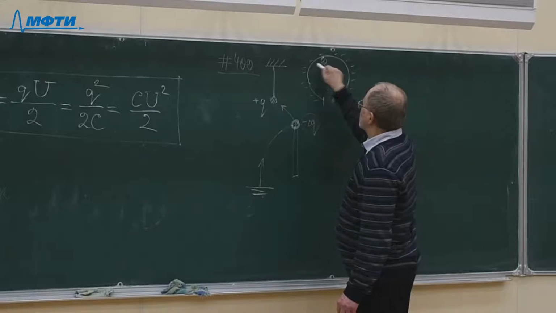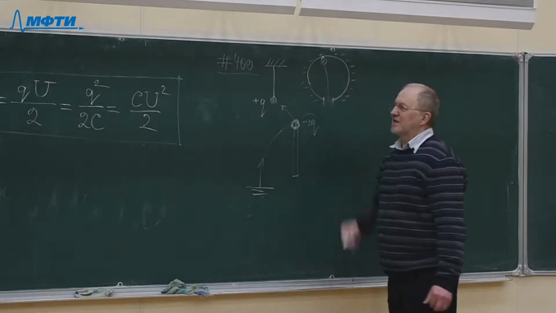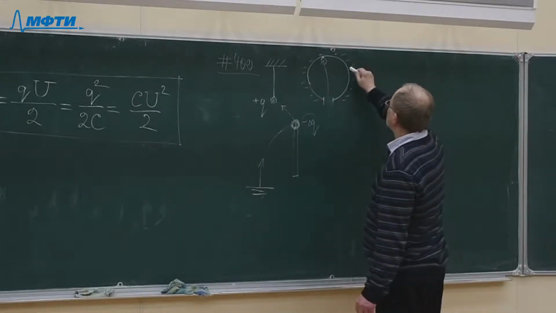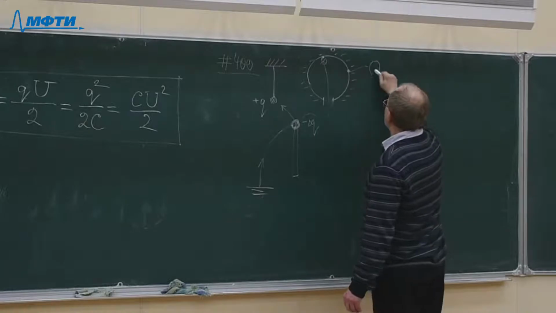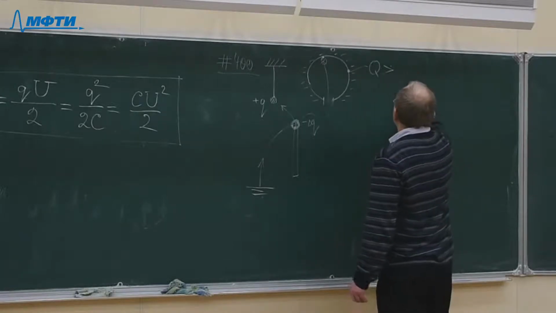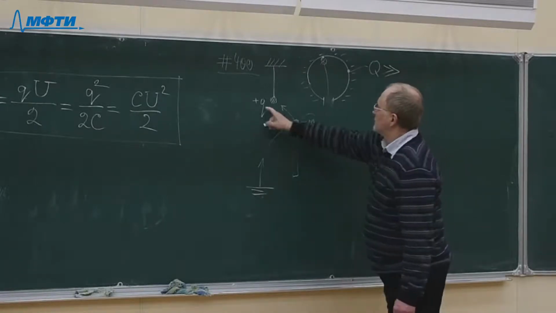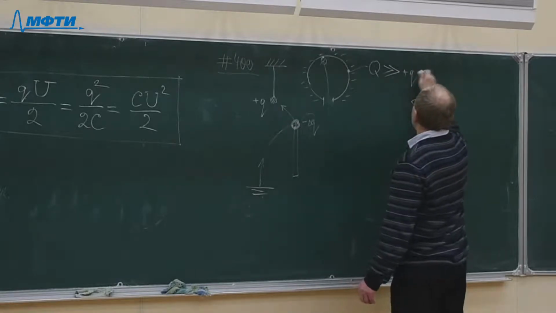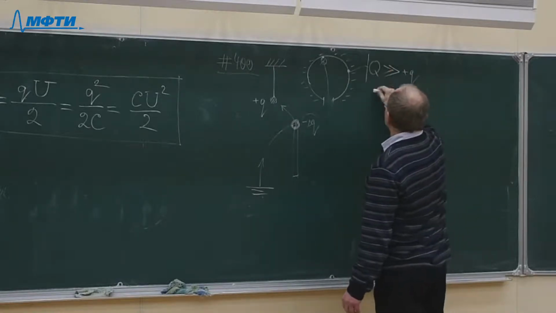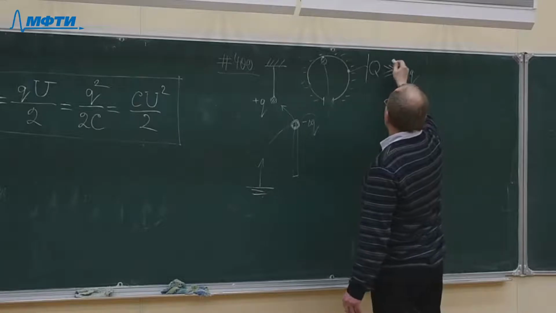If we continue this procedure many, many times, then the total charge on the large sphere will turn out to be much, much larger than the original charge plus Q. But it will be negative.